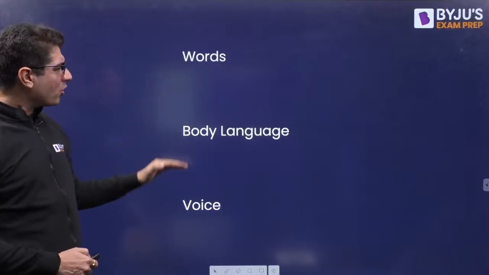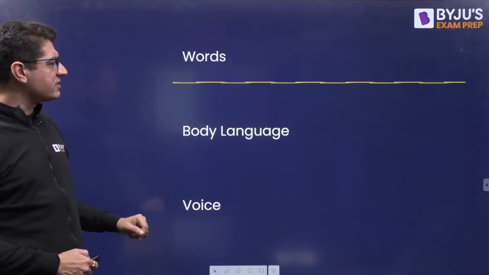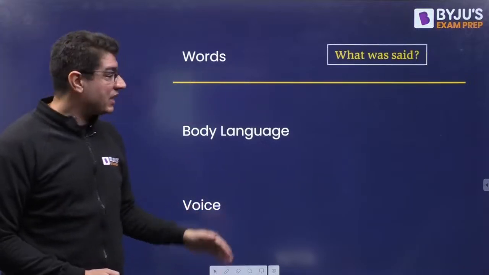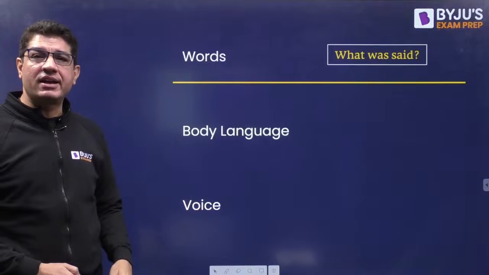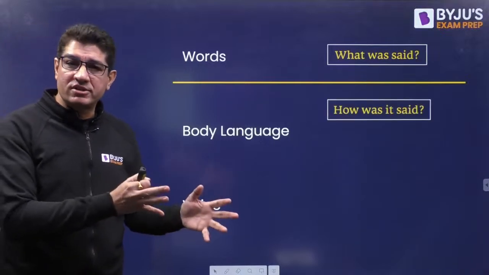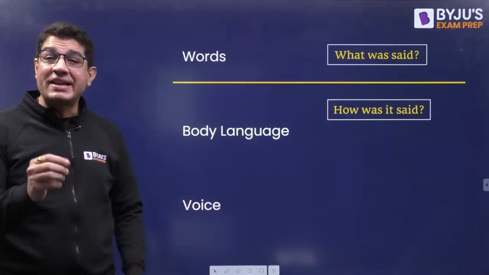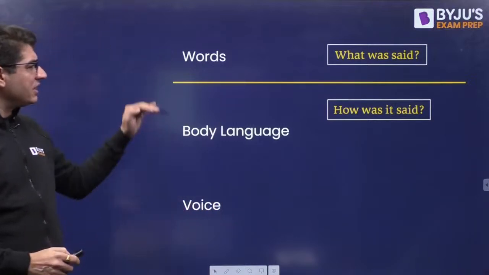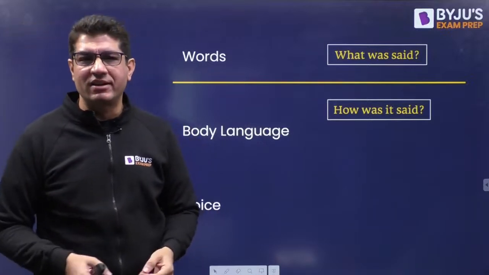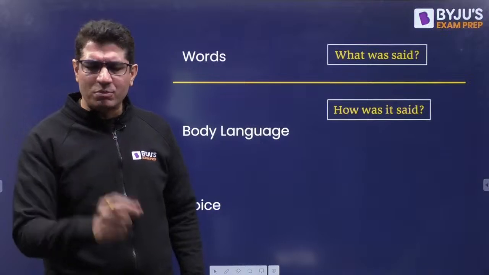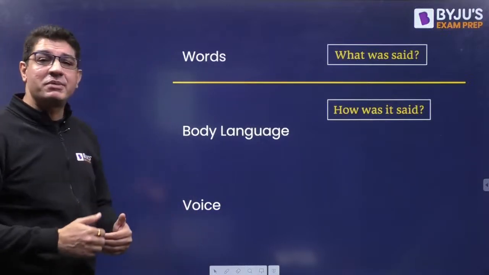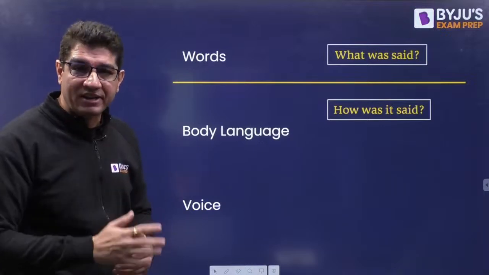If I were to broadly divide these 3 things, can I say that words represent what was said, whereas body language and voice represent how it was said? Just a throwback to Pratyush's comment earlier, the manner. Now, it's a combination of these 3 things that allows us to communicate. It is not just the words, it's not just the body language, it's a combination of these 3 things that basically makes us more effective.